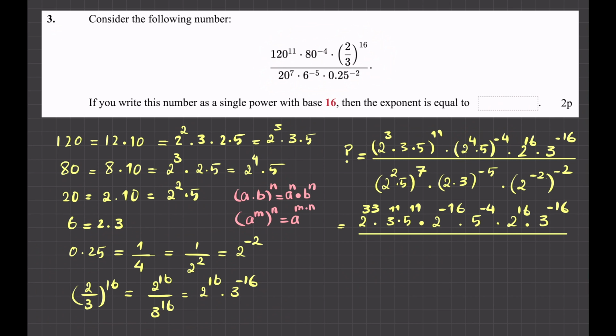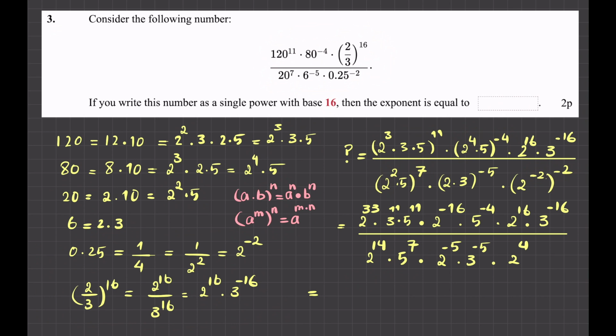So this becomes 2 to the power of 14 because 2 and 7 will be multiplied, and then times 5 to the power of 7. The next one becomes 2 to the power of minus 5 times 3 to the power of minus 5, and the next one is this power of minus 2 will be multiplied here, so it becomes 2 to the power of positive 4. Okay? You can do a lot of things here, but let me be patient.